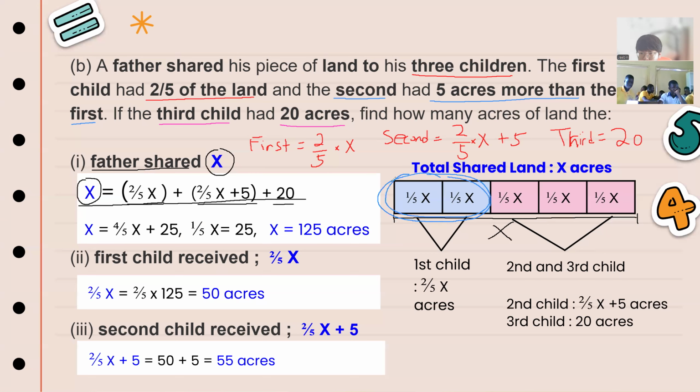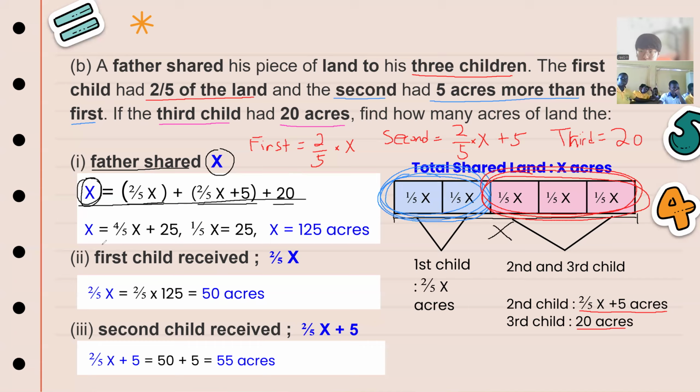The rest was taken by the second and the third child. The second child had 5 more acres than 2 over 5, so 2 over 5x plus 5 acres. The third child just had 20 acres. That's why we got this equation: the total amount of x is equal to the first child, second child, and the third child.